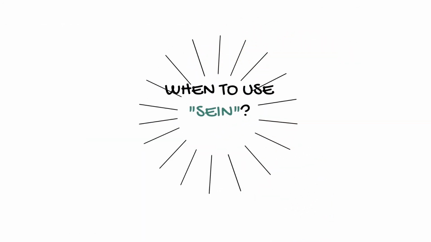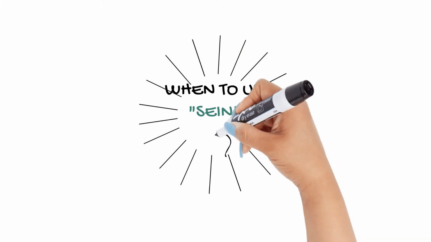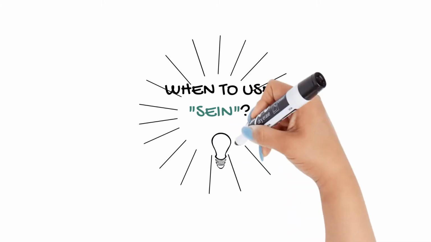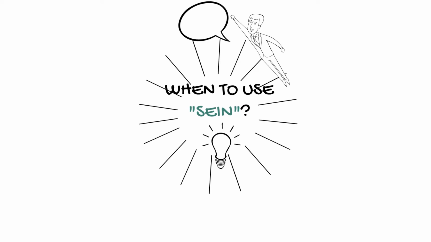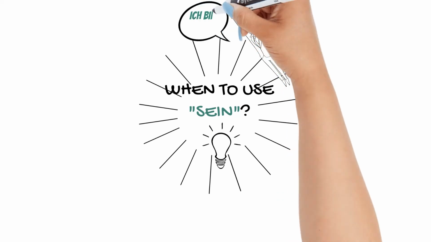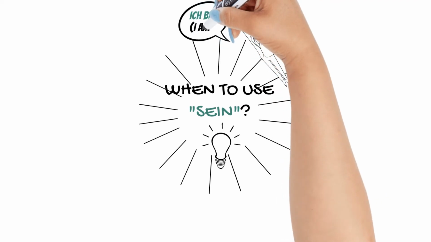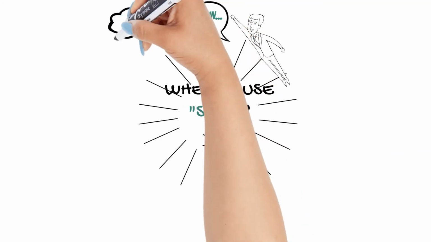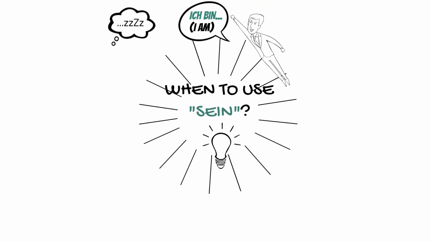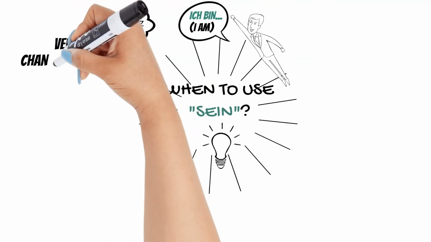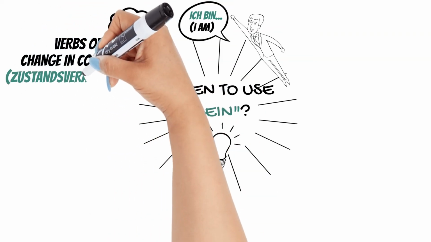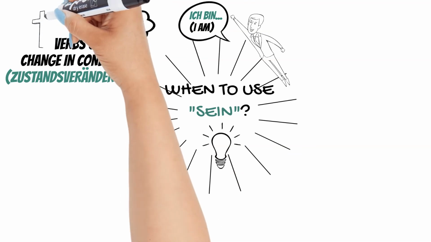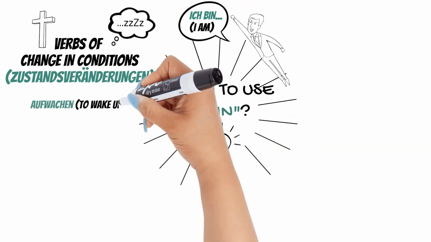Just listen. When to use sein as auxiliary verb? Or when does Alex say, ich bin in present tense. You always have in mind you have to use sein in case of verbs of change in conditions, Zustandsveränderungen.